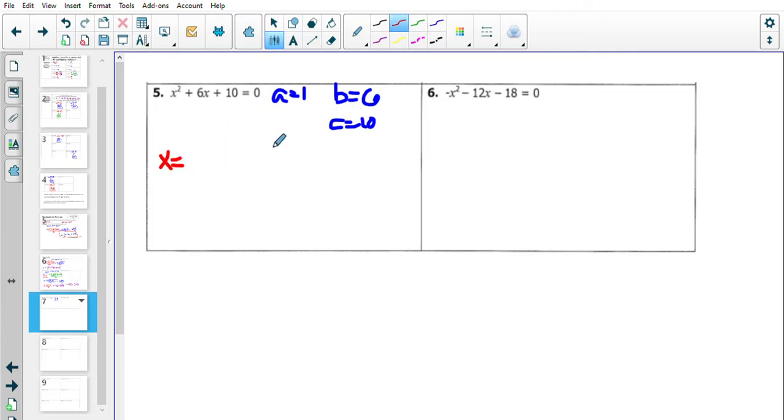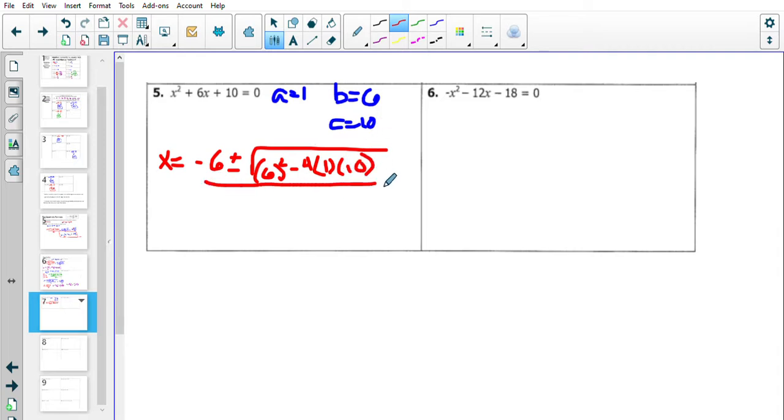We have x equals negative b is negative 6. Plus or minus the square root b squared, that's 6 squared, minus 4 times a is 1, times c is 10. Okay, all divided by 2 times a, or 2 times 1.